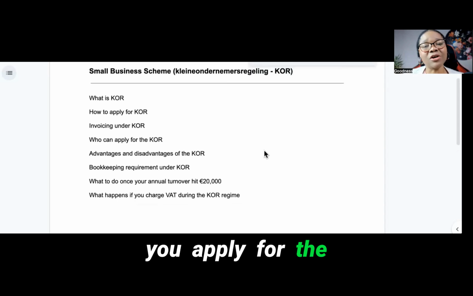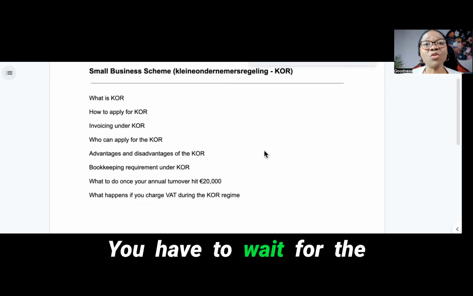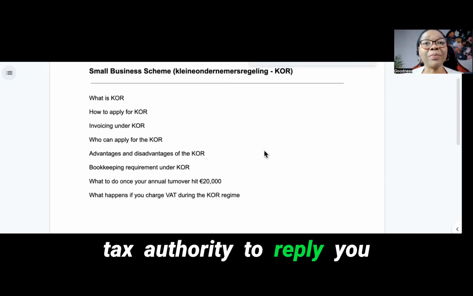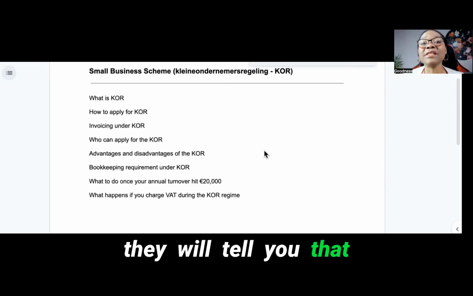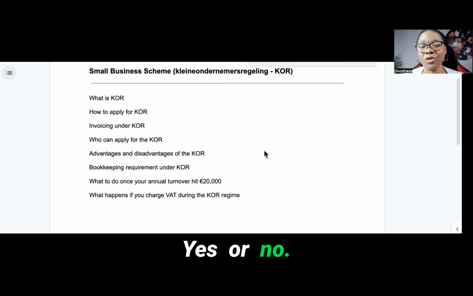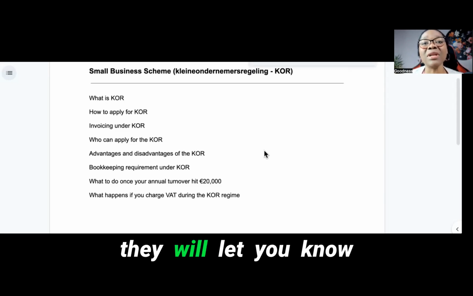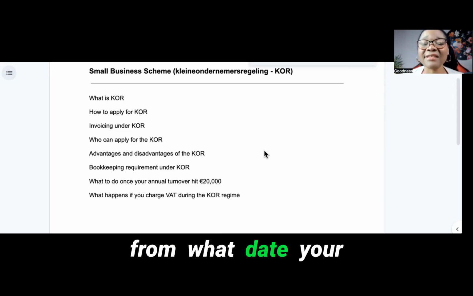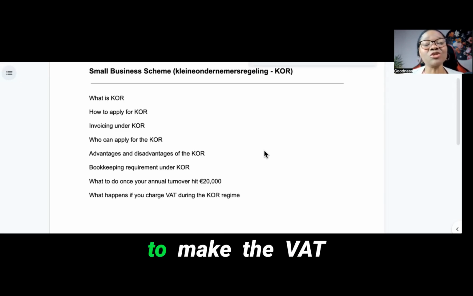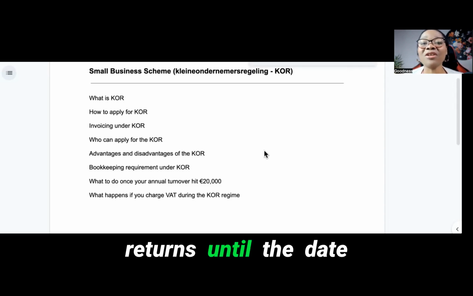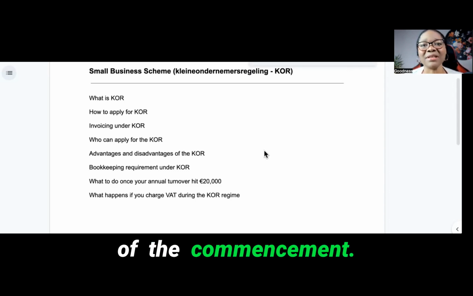When you apply for the KOR exemption, you have to wait for the tax authority to reply to you in writing. In this letter, they will tell you whether you have been approved, yes or no. If you have been approved, they will let you know from what date your exemption commences. You are to continue to make the VAT returns until the date of commencement.